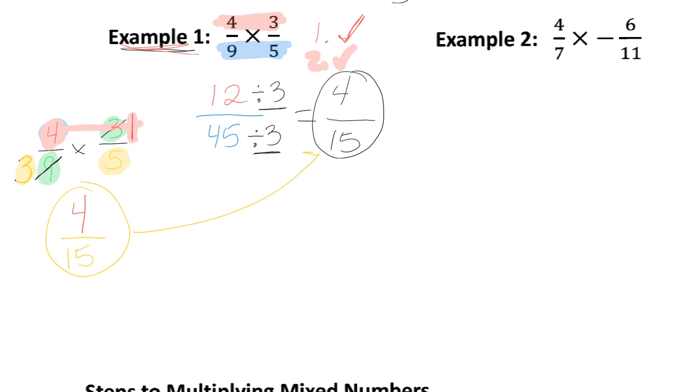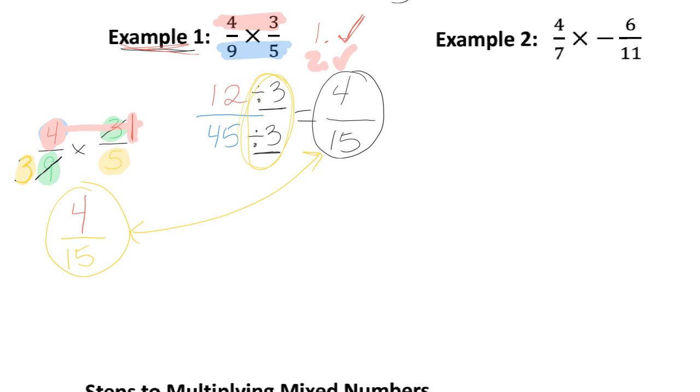So either way, we get the same answer. So if you don't like cross products, don't worry about it. If you like them, I'm going to show it one more time, but we don't have to go over it a whole bunch.